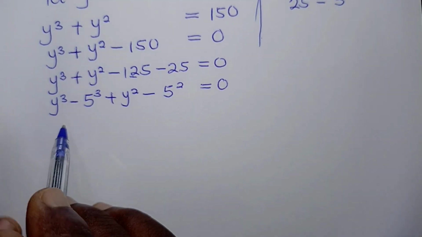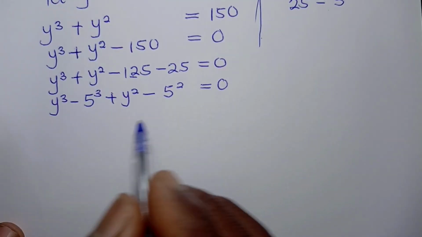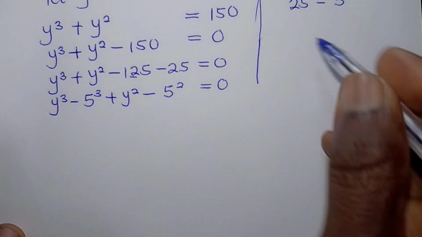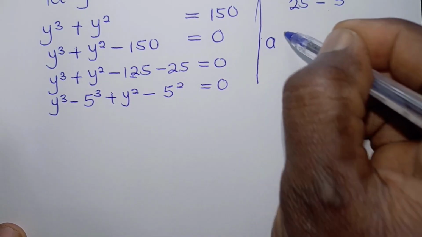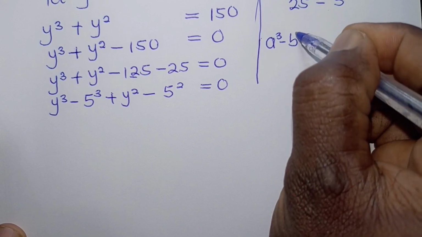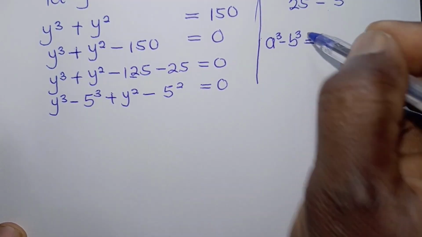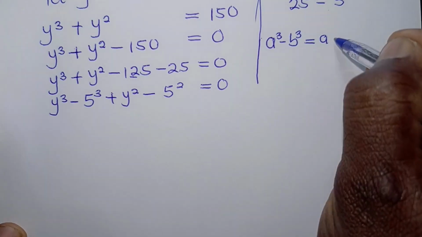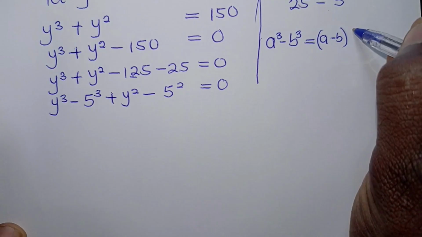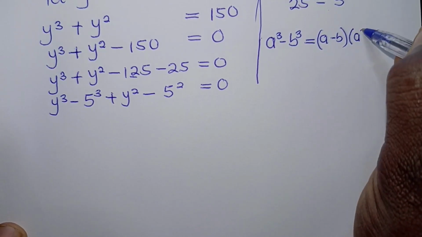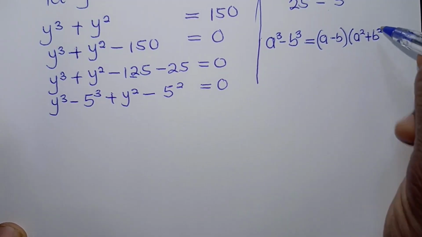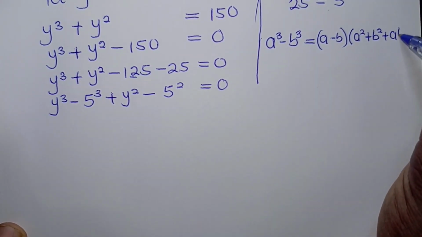Okay, so we can rewrite this equation by applying this particular rule. If you have a to the power 3 minus b to the power 3, this can be written as a minus b, brackets open, a squared plus b squared plus ab.